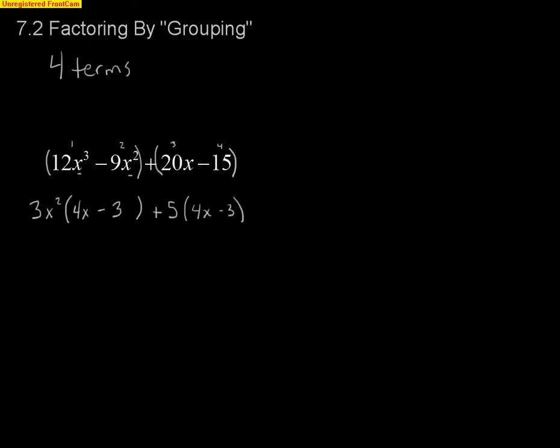Now, if everything is set correctly, I know that this term and this term, if I factor correctly by grouping, have to be the same. And those will be my one factor, the 4x minus 3.